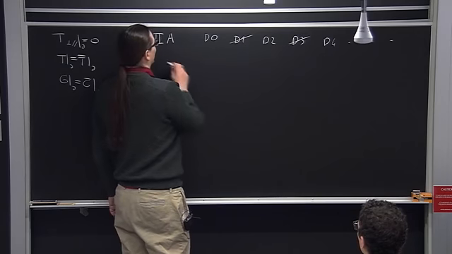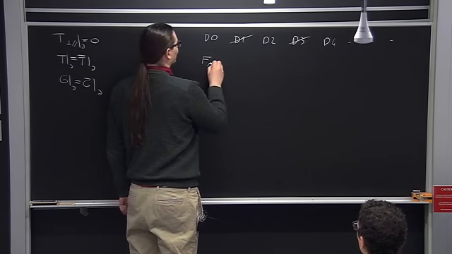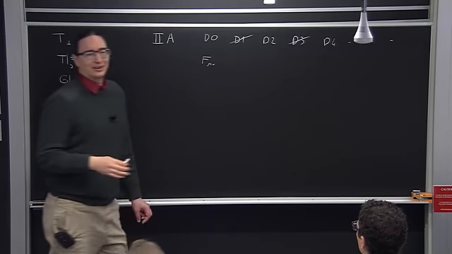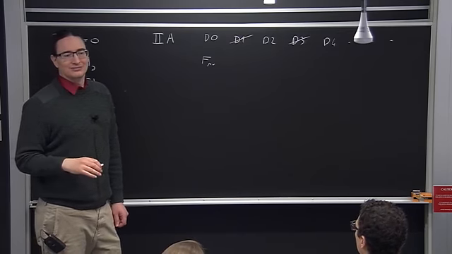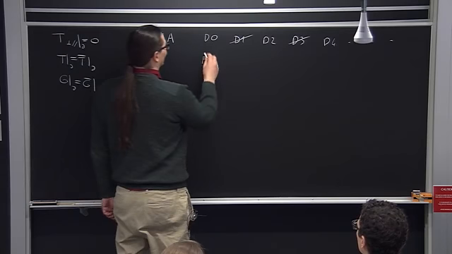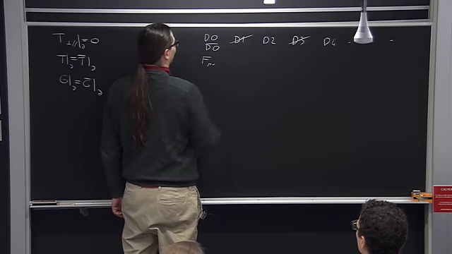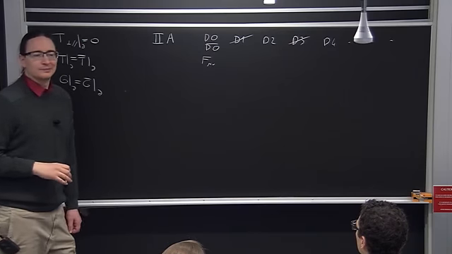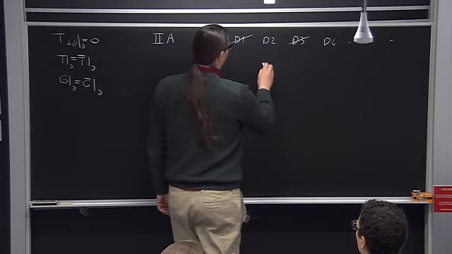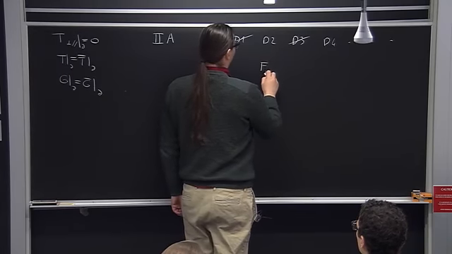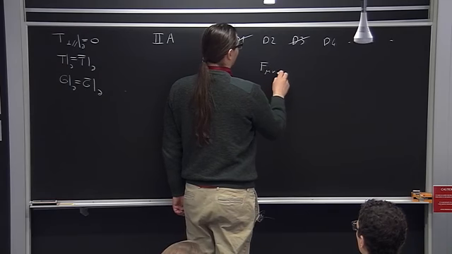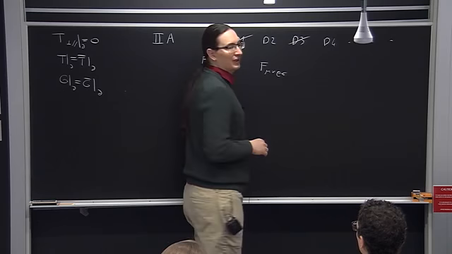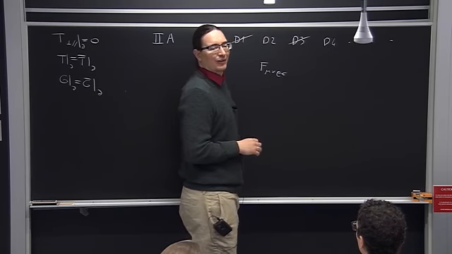For example, type 2A had an F mu nu, and F mu nu is naturally coupled to a particle, and indeed there are the zero brane particles, and also the zero brane anti-zero branes. The D2 branes couple naturally to some F mu nu rho sigma, which is also there, and so on and so forth.